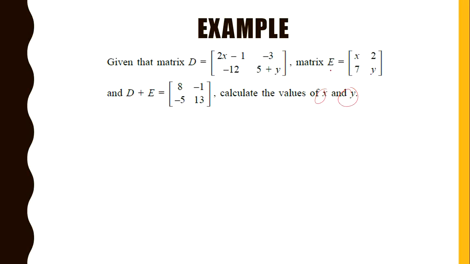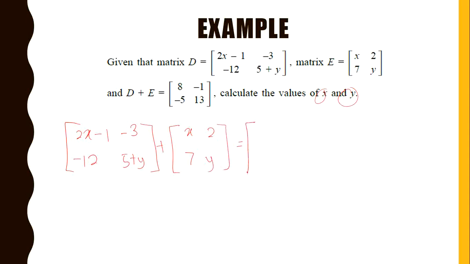Macam mana dia orang boleh D campur E ni, macam mana dia boleh dapat macam ni? Kita boleh tulis dulu. So, this is matrix D plus matrix E equals to 8, negative 1, negative 5, 13. Okay, so how to calculate the values of x and y?